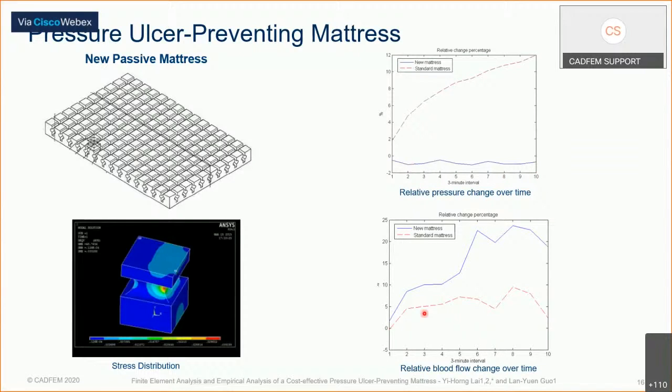It doesn't change much. Similarly, you can also study how the blood flow changes over time, right? It's not only about the contact pressure with the body, but you can also study the fluid dynamics, how the blood flows with respect to time. You can see here in the new mattress, the blood flow is increasing.